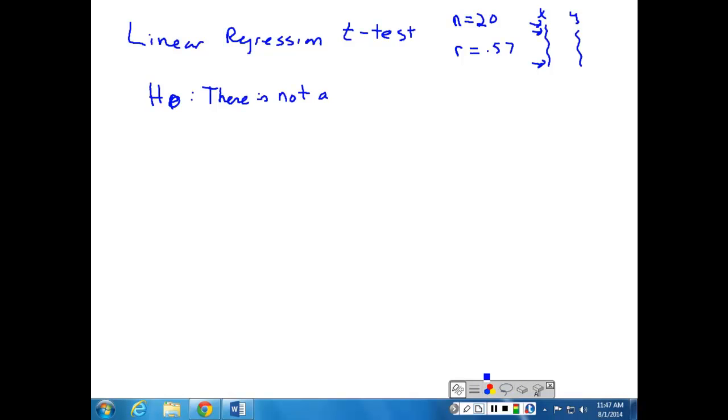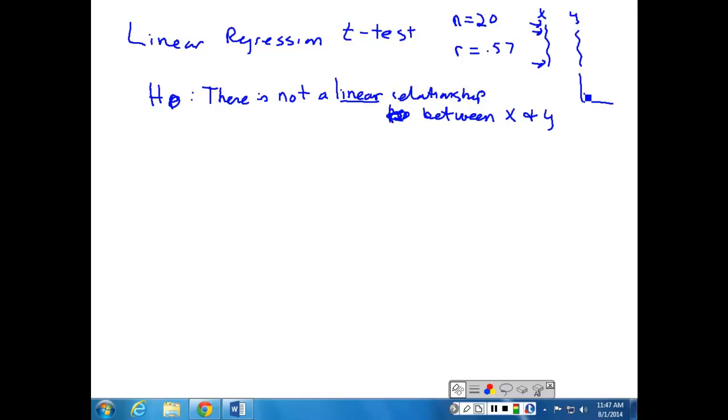There is not a linear relationship between X and Y. It's not there is not a relationship, because there could be a relationship.